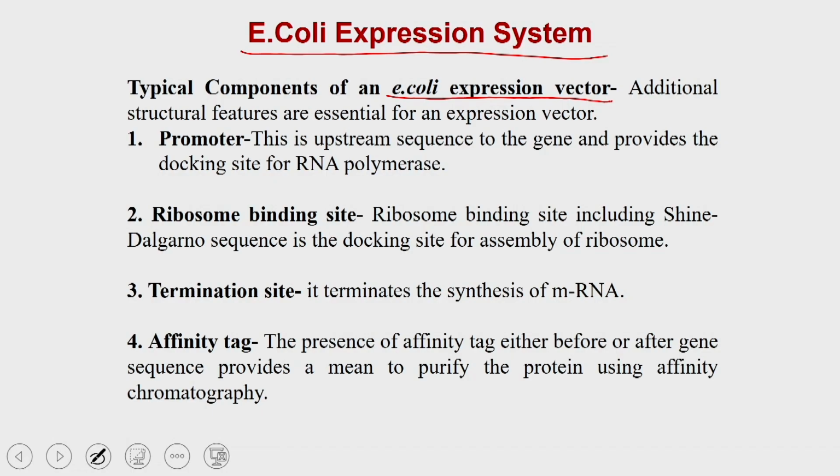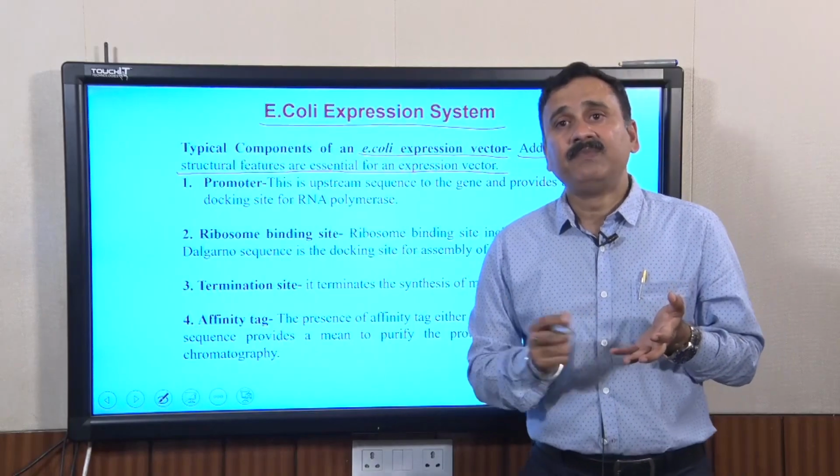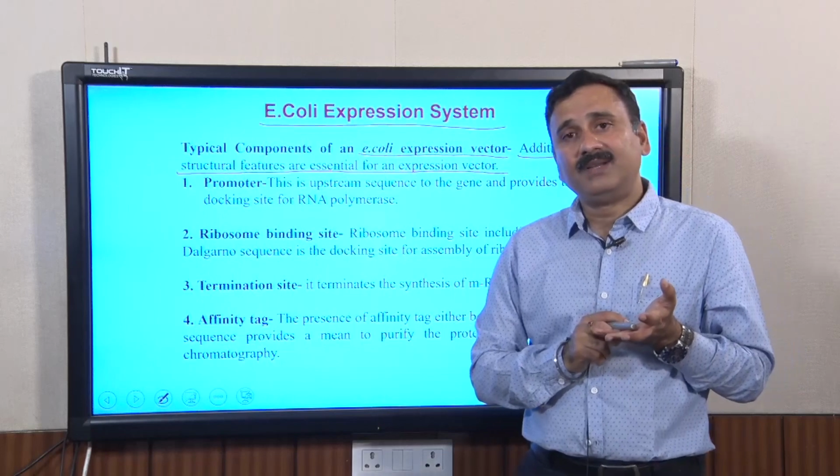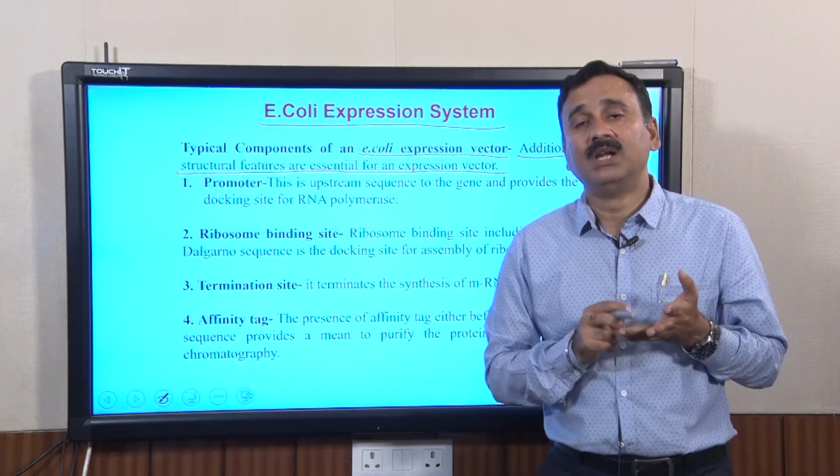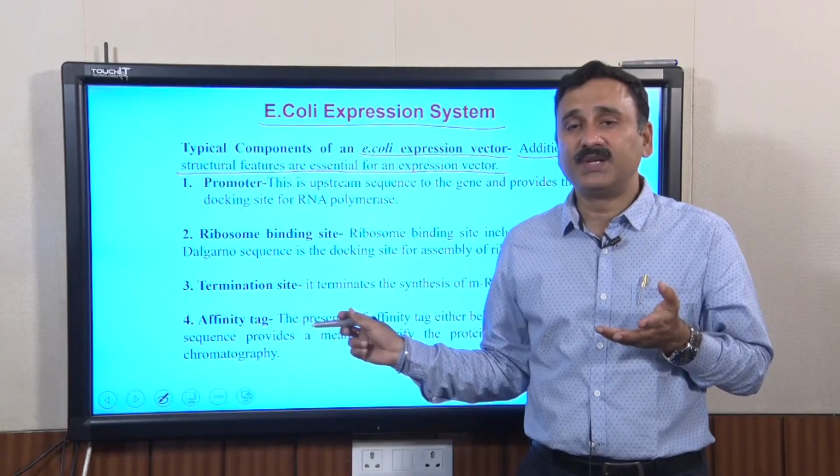So, you have the following features which are in addition to the cloning vectors. If you remember, in our previous lectures we discussed what features are required for a cloning vector. You need a selection marker, multiple cloning sites, and an origin of replication as per the host strain.